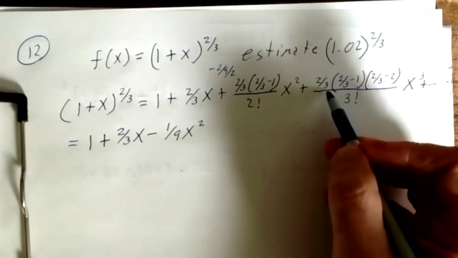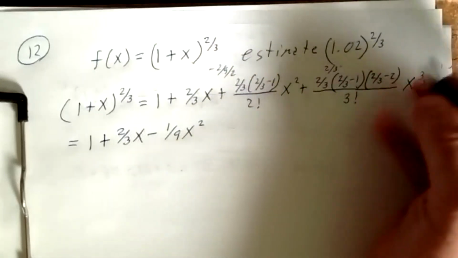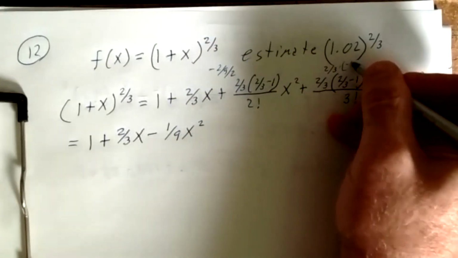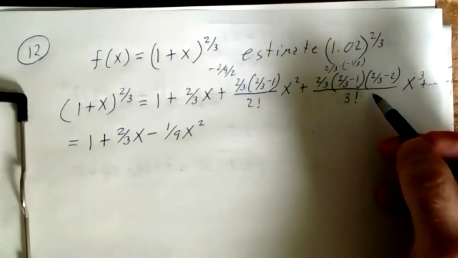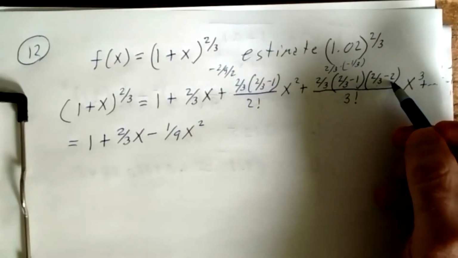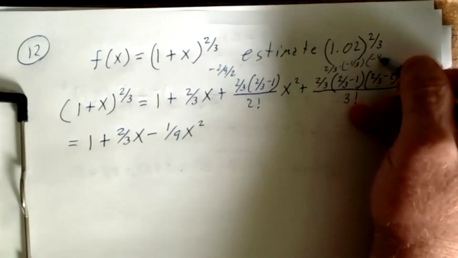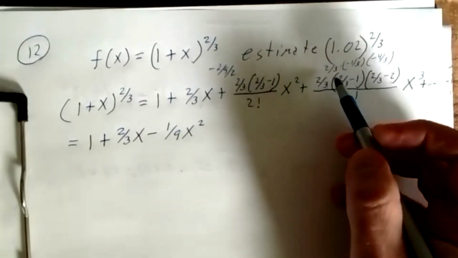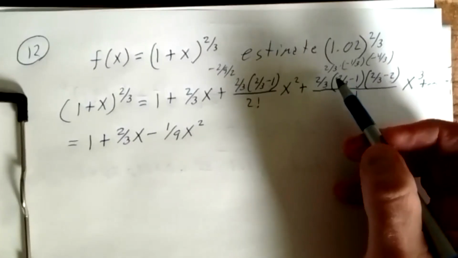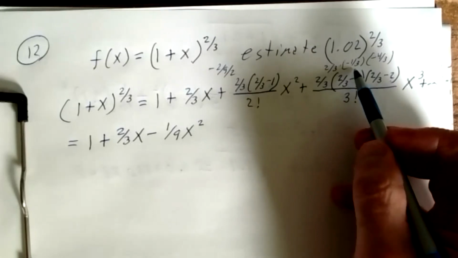Now, 2/3 times negative 1/3, and 2/3 minus 2 is 2/3 minus 6/3, which is negative 4/3. So what is 2/3 times negative 1/3? That's negative 2/9.